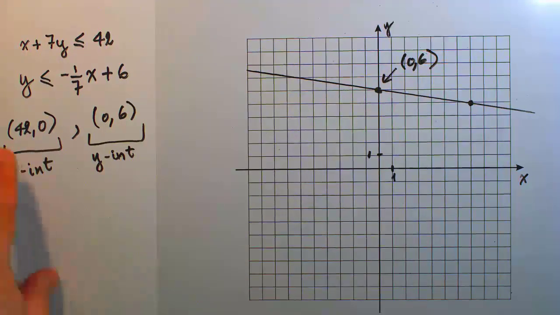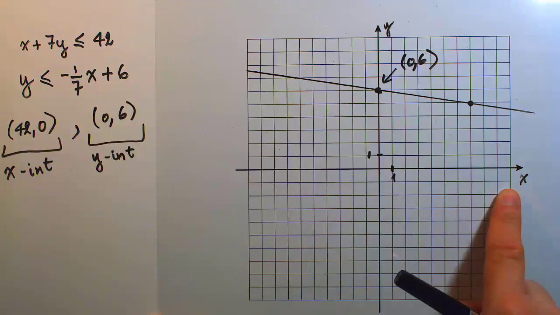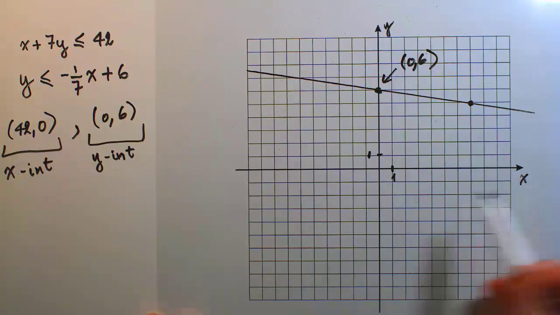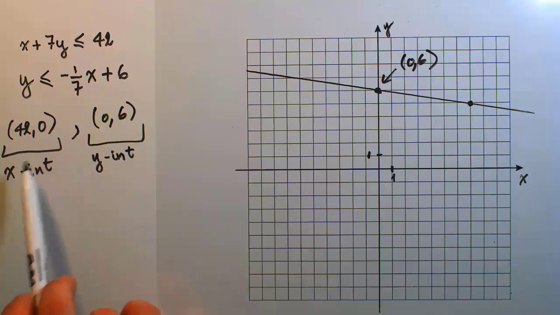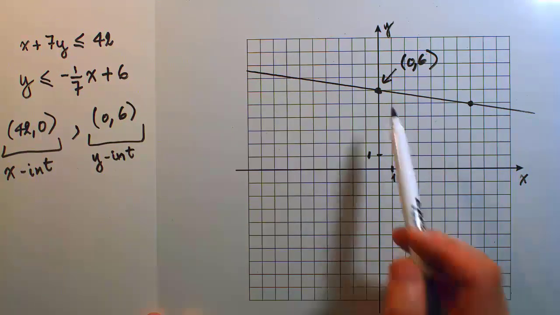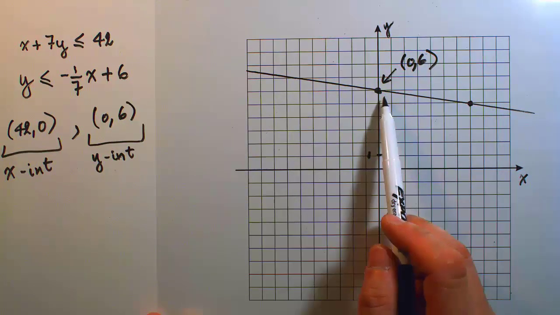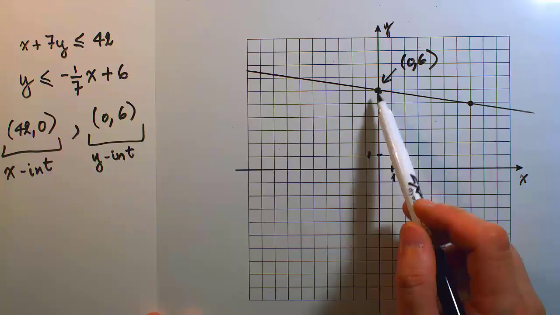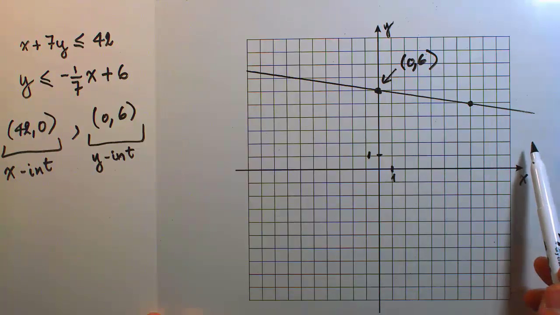Since the x-intercept has an x coordinate quite far beyond our viewing window, and this is only a handmade sketch, I'm not going to be able to display the x-intercept, but that's not quite important. We already had the y-intercept, and then we dropped another point to satisfy the slope being negative 1/7, and so we have successfully graphed our line.